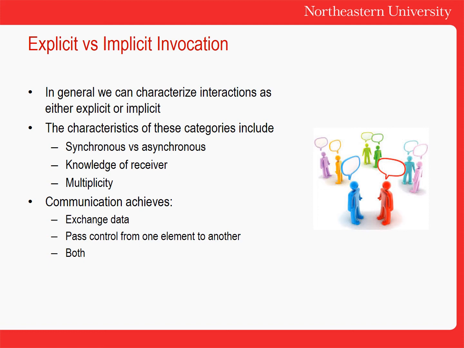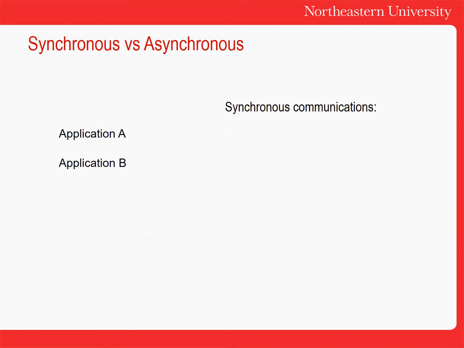The characteristics of these include, as the slide says, whether they're synchronous or asynchronous, whether the caller knows the identity of the receiver, and how many receivers or callers are involved in the communication, the multiplicity of the communication link. So synchronous and asynchronous are very different communication schemes.